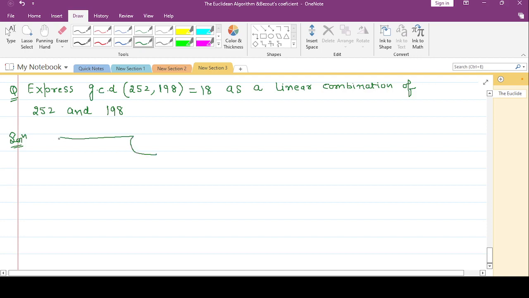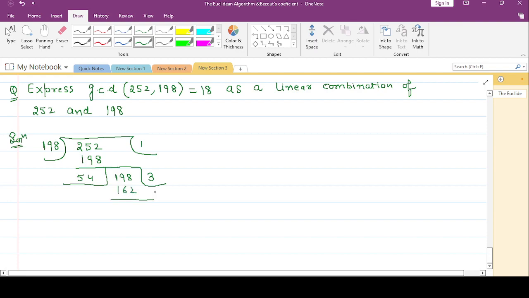Clearly 198 is less than 252. So divide 252 by 198. 1 into 198 is 198. Now what is the remainder here? Remainder here is 54. Your previous divisor now becomes the dividend. Now 54 into 3 is equal to 162.